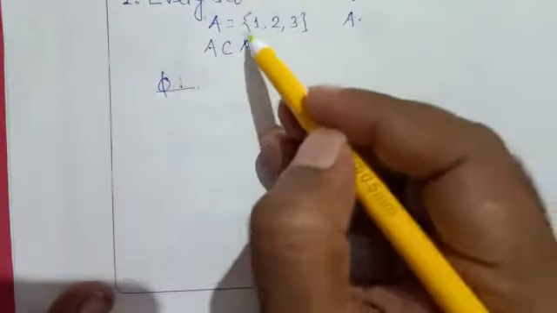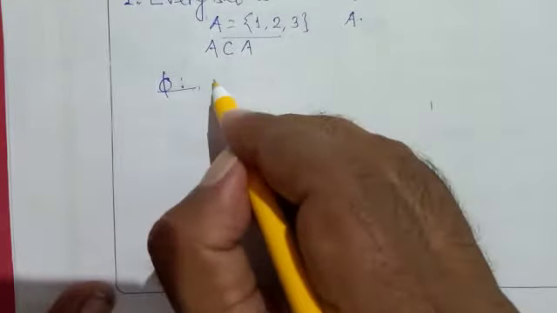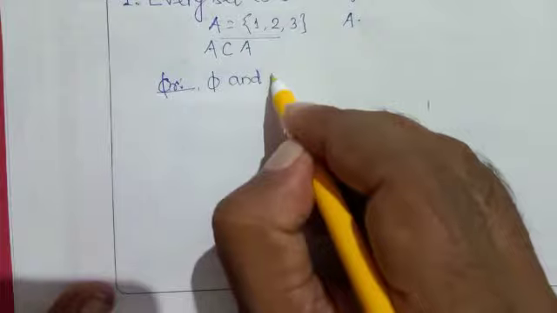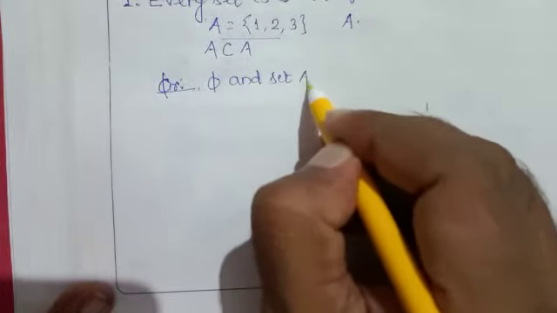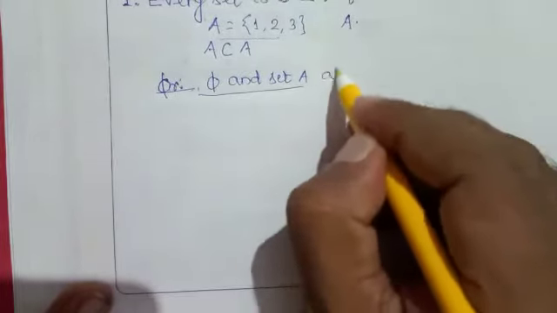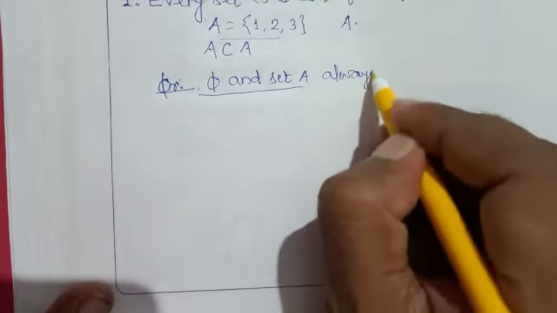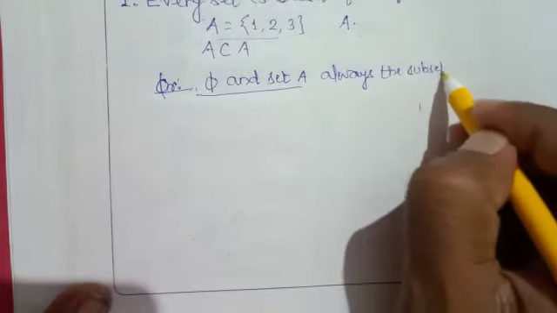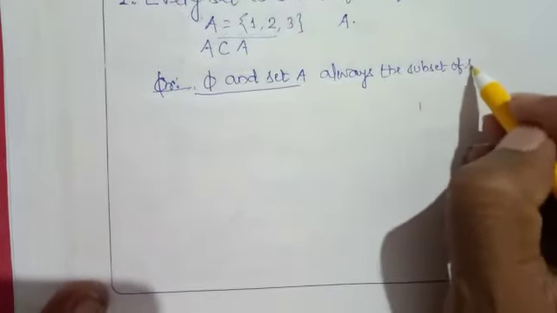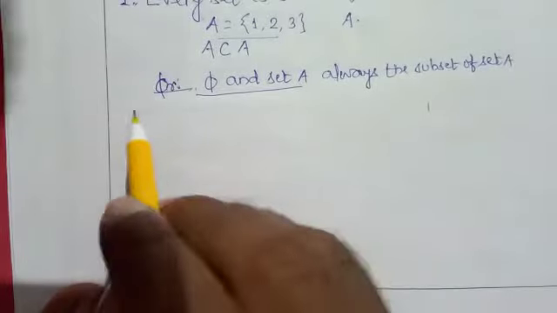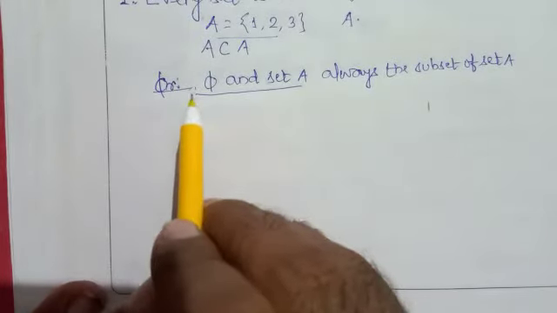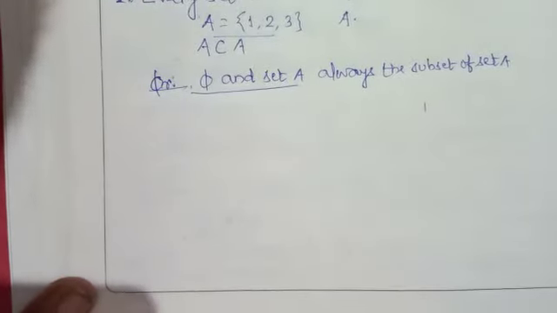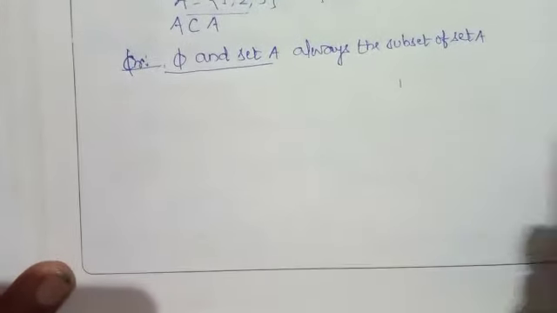So it is always a subset of set A. So phi and the set A are always subsets of set A. This means the set itself and the empty set are always subsets of that particular set.